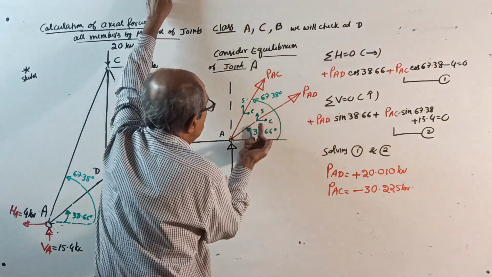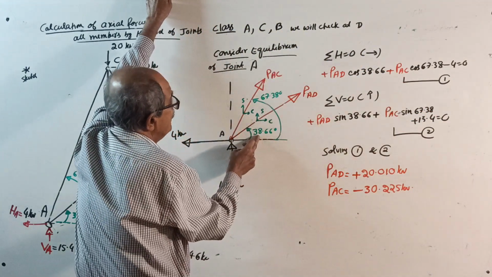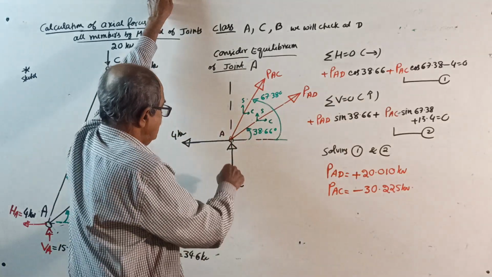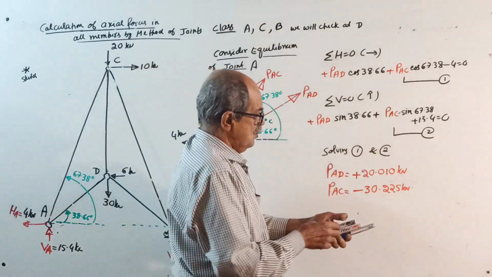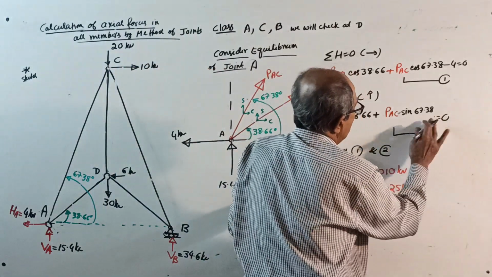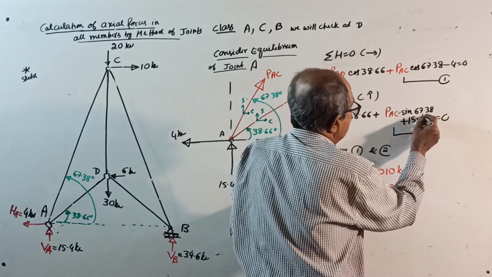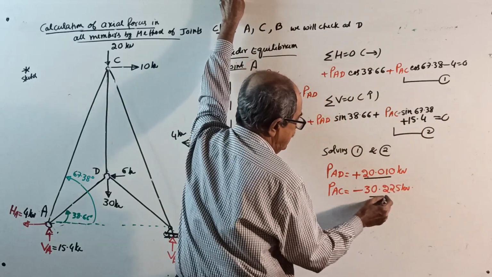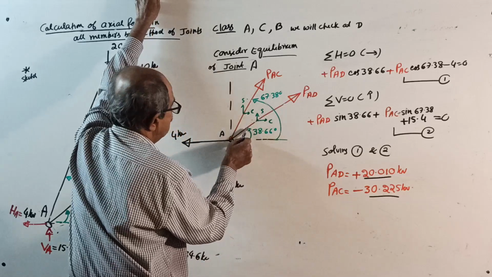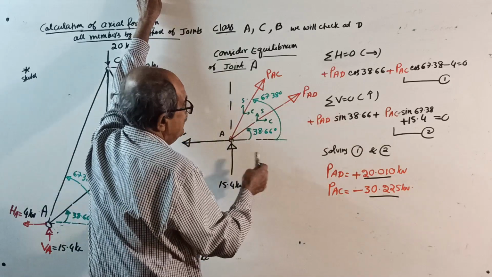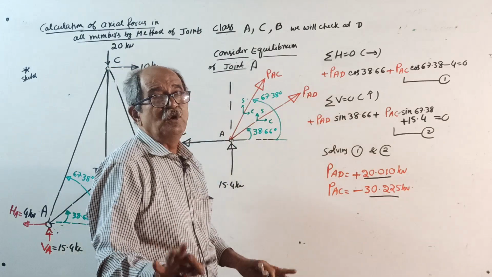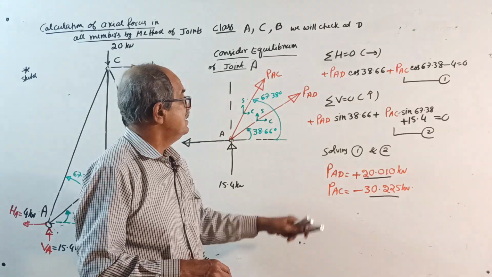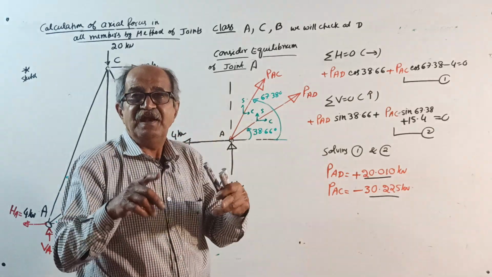Sigma V equal to 0: plus PAD sin 38.66 plus PAC sin 67.38 plus 15.4 equal to 0. Solving 1 and 2, you will get PAD and PAC. I already told you, this should be reversed. To understand all that, you require extra knowledge. Initially, don't try. When you reach that level, then try it.